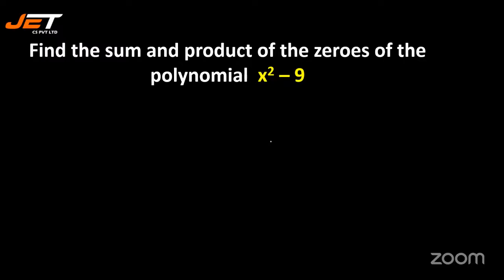Find the sum and product of the zeros of the polynomial, right? So here it is x square plus 0x minus 9. So what is sum? Sum is nothing but alpha plus beta, which is minus b by a. So here it is 0 by 1, 0 by anything is 0.